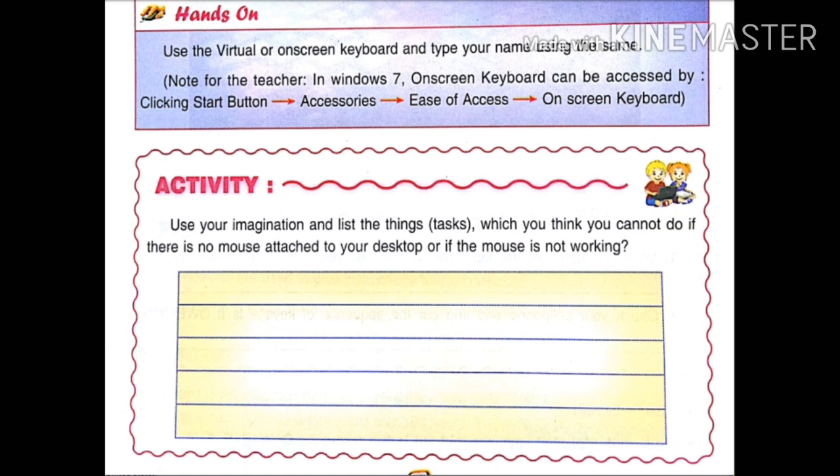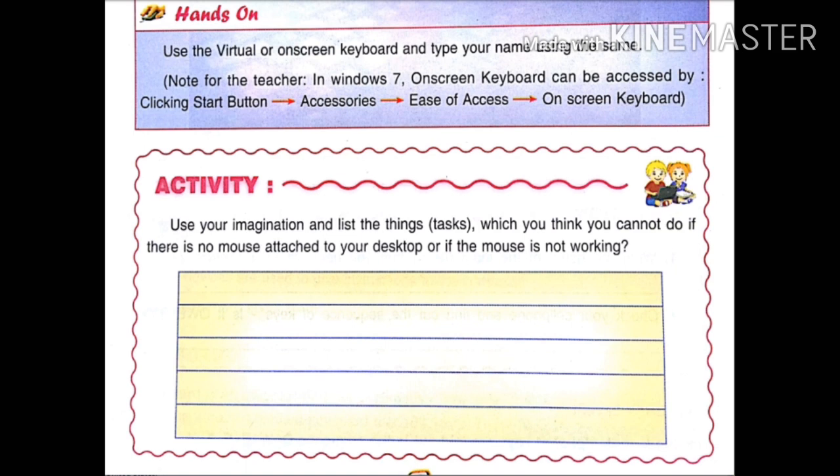On page number 8, one hands-on is given in which you have to use the virtual or on-screen keyboard and type your name using the same. Now this hands-on you can complete with the help of your smartphone also, or if you are having a desktop or laptop at your home, you can do it.